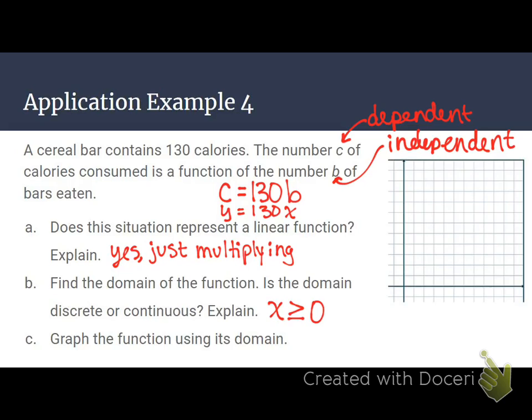We could keep eating for the rest of our lives if we liked cereal bars that much. Questions about that? Now, by this time, you should have decided, is this discrete or continuous? Continuous. Because we could eat fractions of bars. It's not just specific numbers.